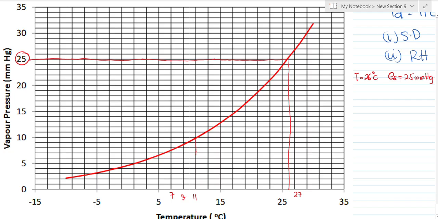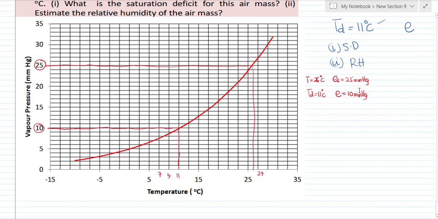So easy to trace. Now this dew point will give us the actual vapor pressure, right? So that one is 10. So the dew point, which was 11 degrees Celsius, gave us a vapor pressure of 10 millimeters of mercury.